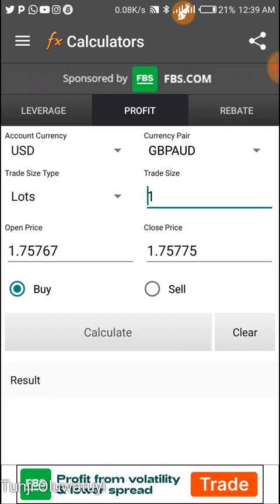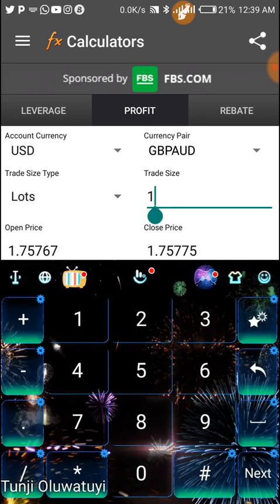So let's say, for example, we're still trading GBP, that's pounds against Australian dollar. According to what we did there, our trade size is going to be 0.46. Let's say, like the example we just did the other time, that we have 8 pips stop, and the lot size for that kind of trade is going to be 0.46.